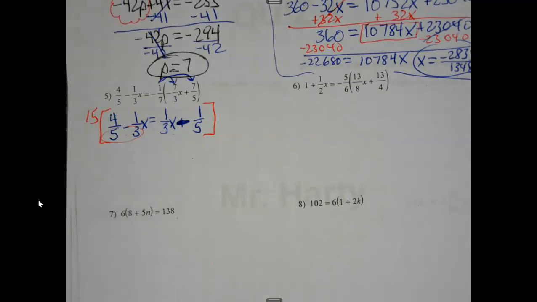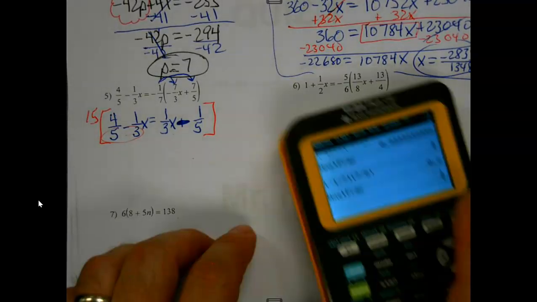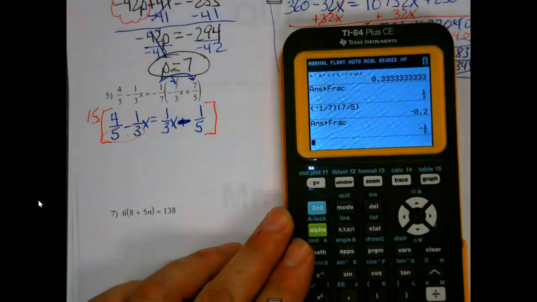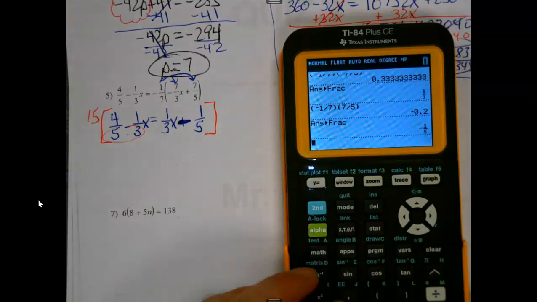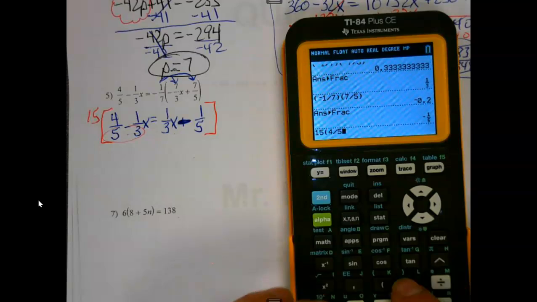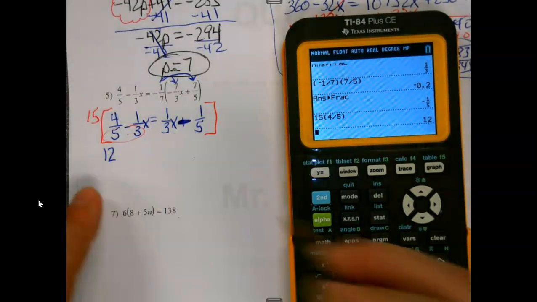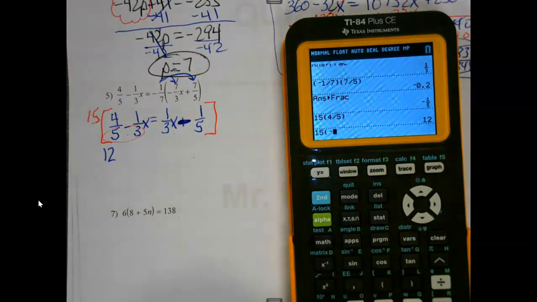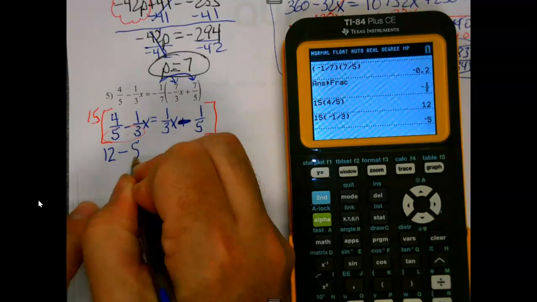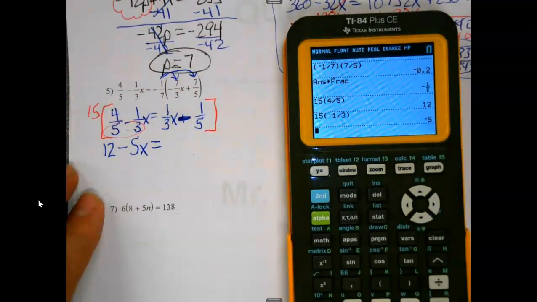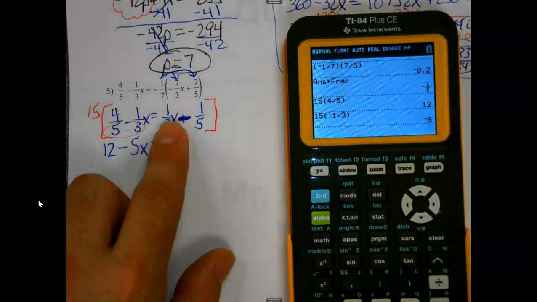Now we get to do the part that's going to make this nice and easy, and would have been easy the first time if Hardy had done it that way. So, 15 times 4/5. If we did this right, all the fractions should go bye-bye. 15 times negative 1/3 minus 5x. 15 times positive 1/3.